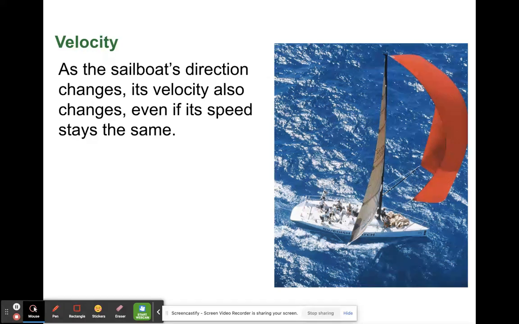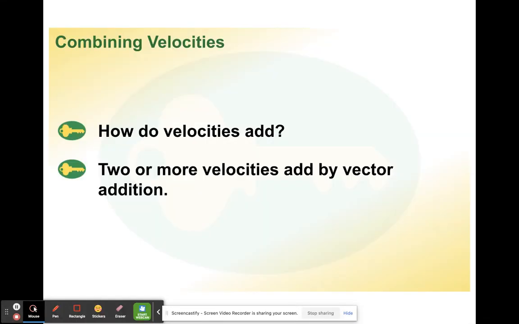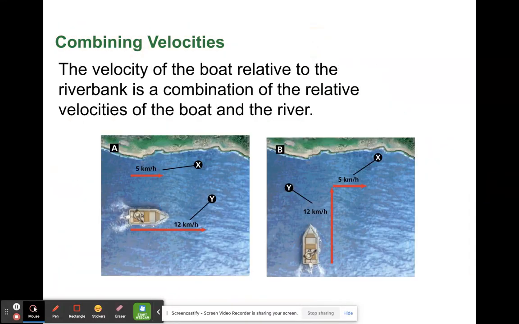And so as a sailboat sails in a direction, it changes its velocity, and sometimes even if the speed stays the same. So how do we add these velocities? Well, this is what I was talking about, relative motion and combining velocity. So if we look at the first picture, we have the boat kind of floating with the current.